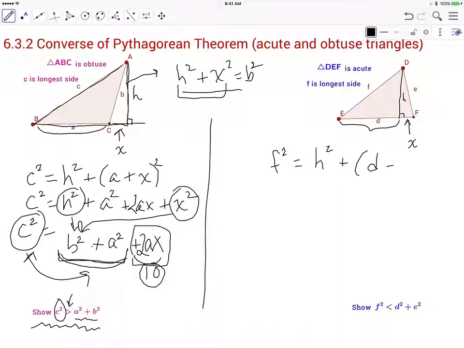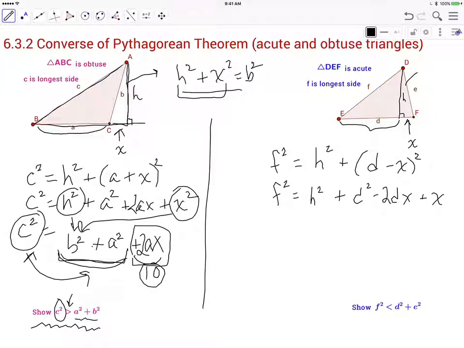D minus x squared. Well, that means that f squared is equal to h squared plus, if I multiply everything out, d squared minus 2dx plus x squared. Now, you may be saying, gosh, the same thing happens in this little triangle up here.